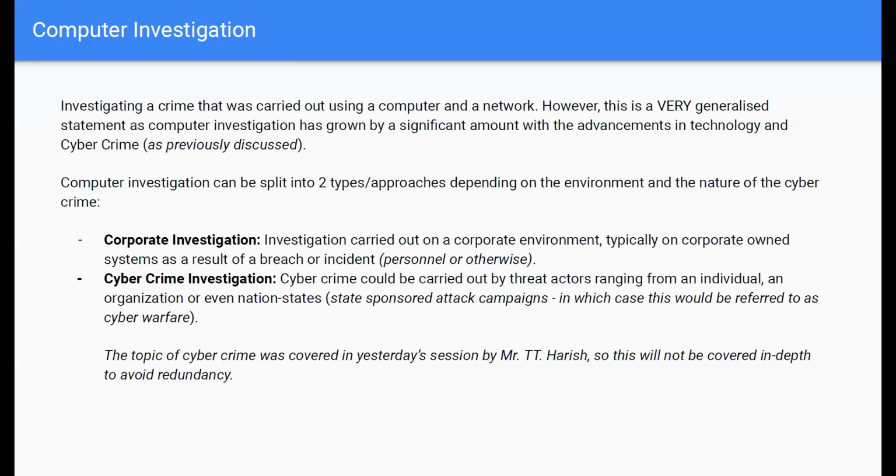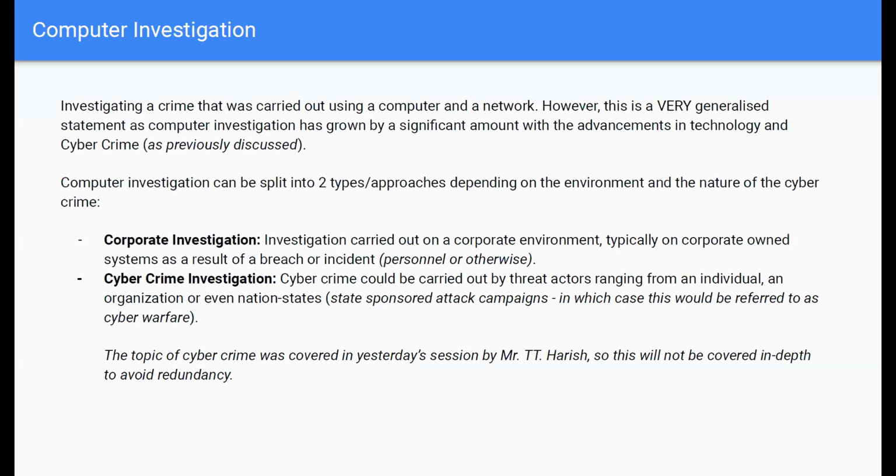Computer investigation is usually split into two types, depending on the environment and the nature of the crime. The first one is corporate investigation, which is more focused towards an organization. So, for example, Microsoft.